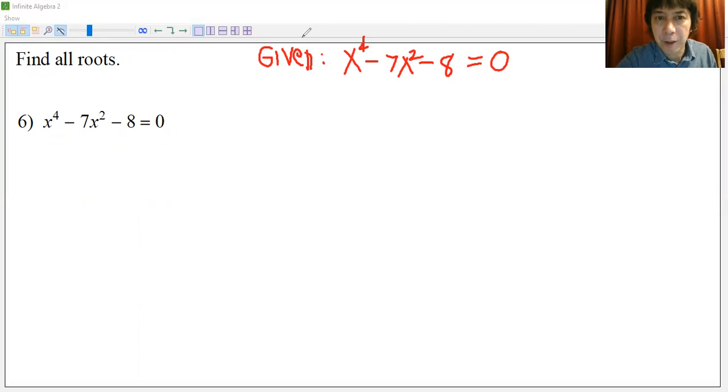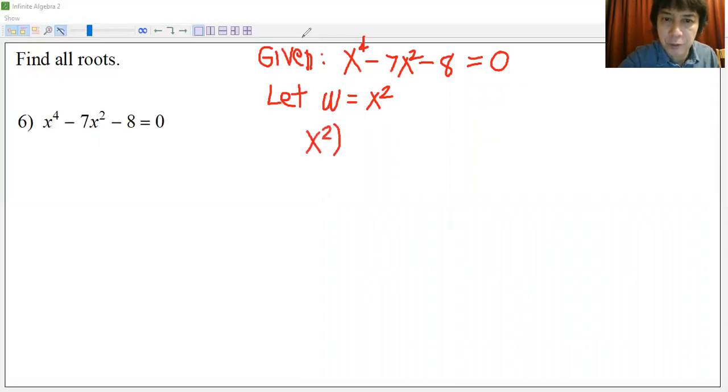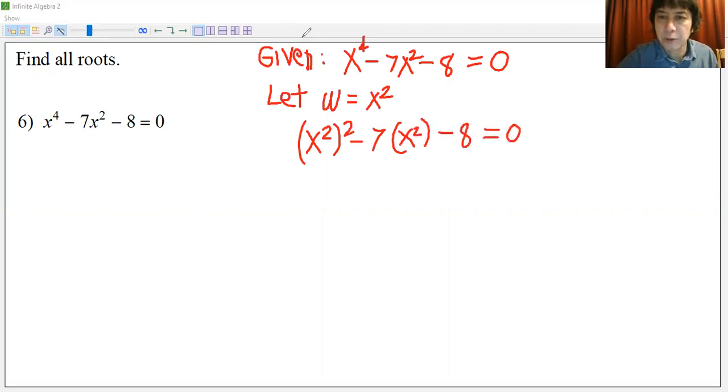So let us use again w. Let w equals x squared. And we shall rewrite x to the fourth like x squared squared. That's x to the fourth minus 7x squared minus 8 is equal to 0.